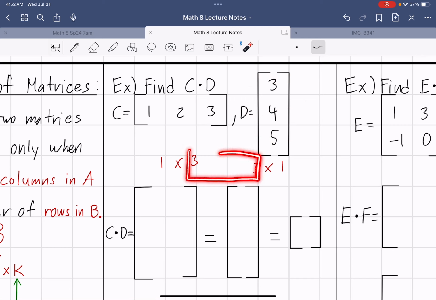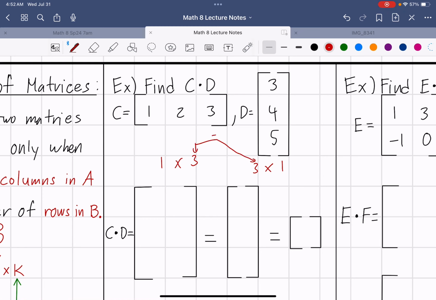Luckily, the columns in C are equal to the rows in D. Because these two values are equal, we can apply our multiplication. That means I'm going to take this row and multiply it with this column.